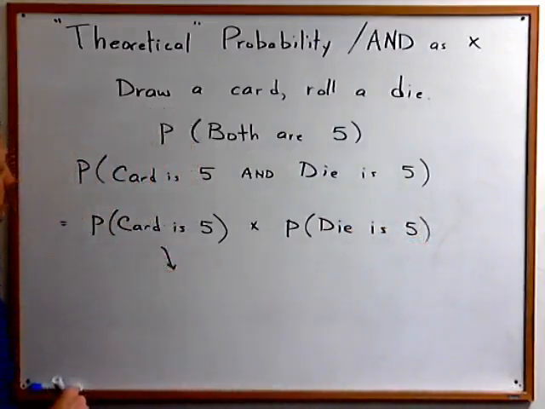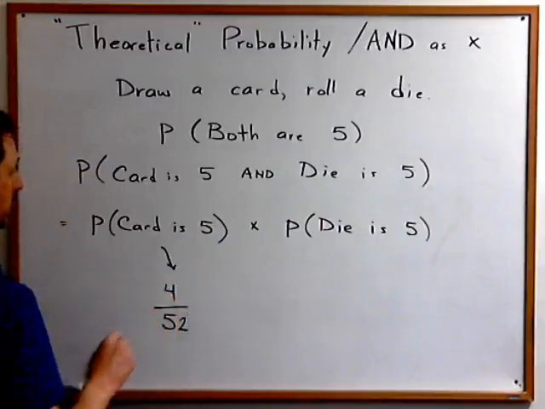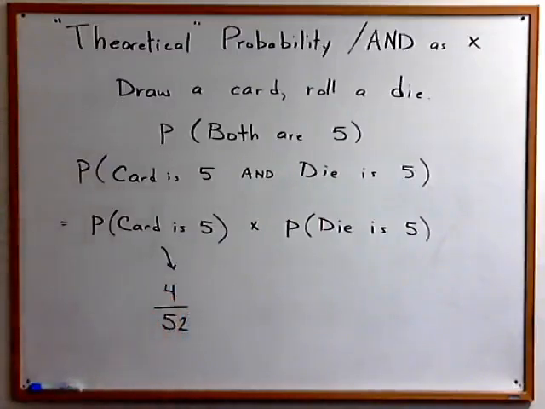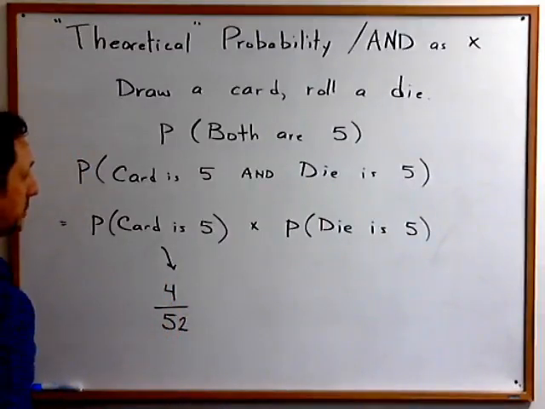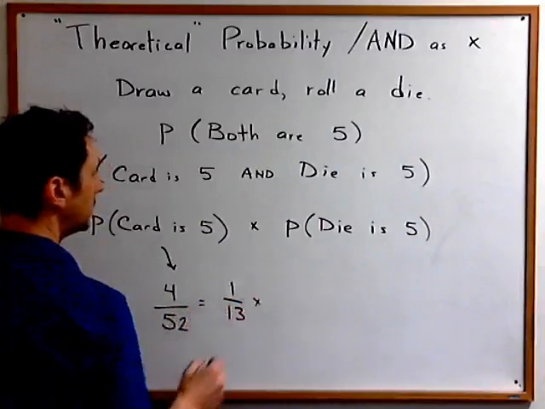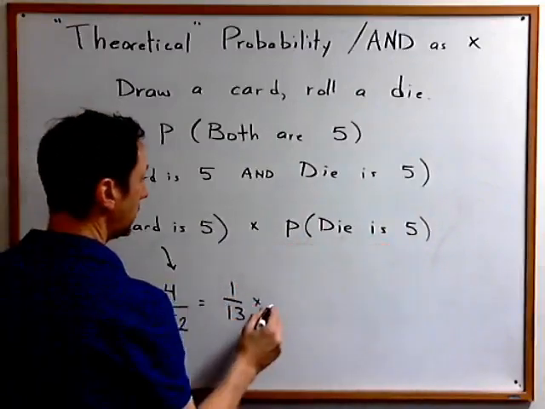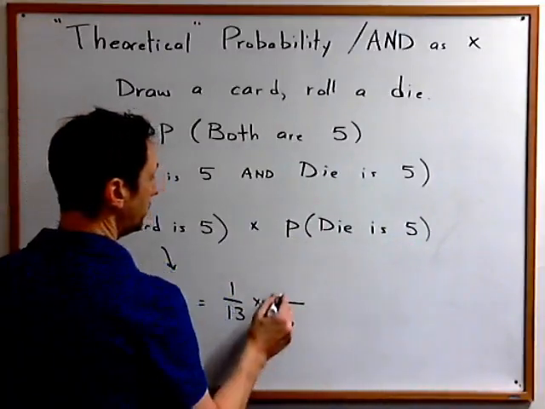If you pick a card from the deck, there are 52 cards in the deck, and 4 of them are 5s because there's a 5 of hearts, diamonds, clubs, and spades. So the probability of choosing a card to be a 5 is 4 out of 52, which reduces to 1 out of 13. Times, when you roll a die, there are 6 values on the die, and only one of them is a 5.